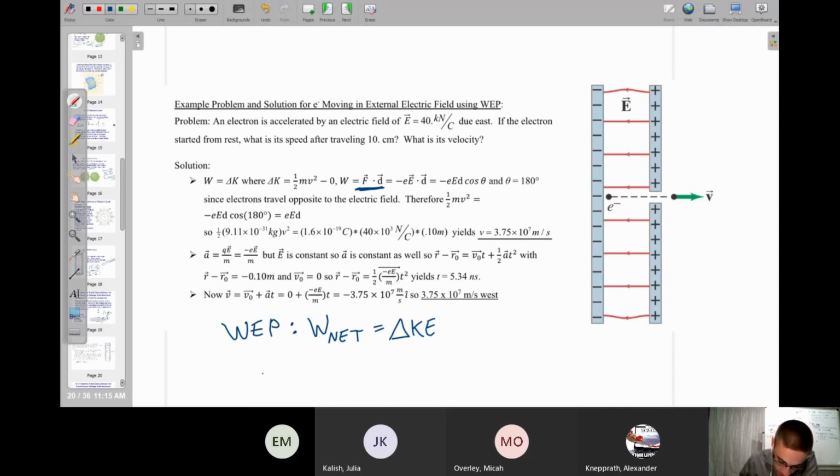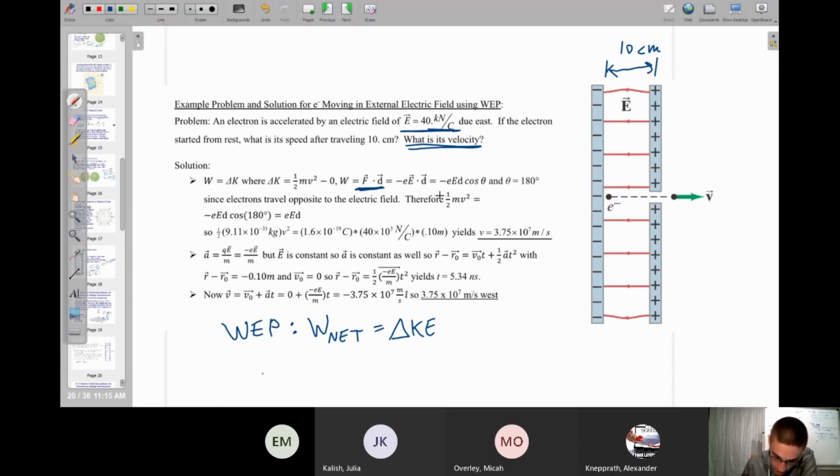So in case you wanted to solve this problem where there's this constant electric field, there's an electron starting from rest, and you want to know its final velocity after it travels a certain distance, that was 10 centimeters, then you could use the WEP, or the work energy principle, if you wanted to use energy considerations.